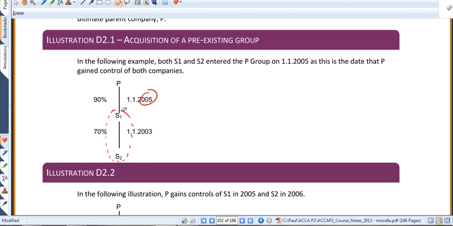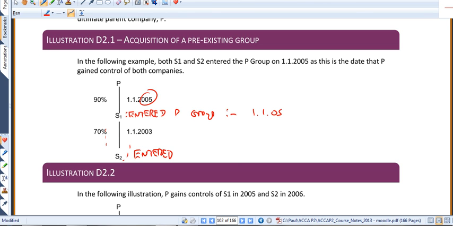But we're going to use these dates to work out when these two companies entered the P group. So for example, when did S1 enter the P group? Well, the answer here is that P bought S1 on the 1st of January 05, so that's when S1 entered the P group. I could also ask, when did S2 enter the P group?